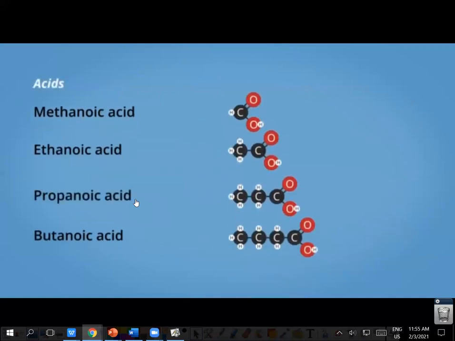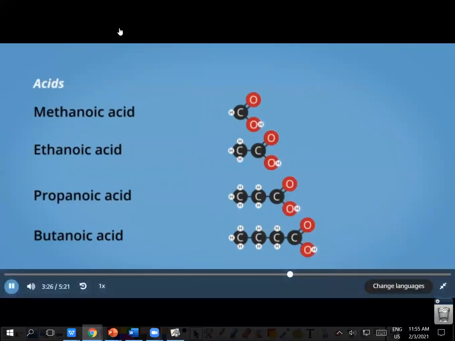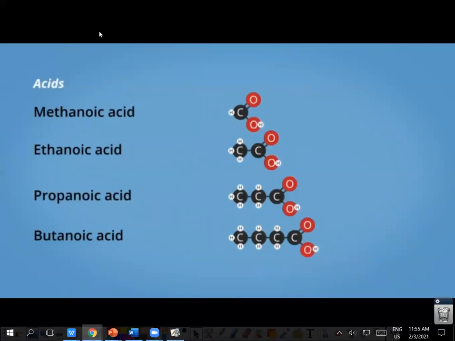Why are these molecules acidic? An acid is something that can release hydrogen ions. And in the carboxyl group, COOH, the hydrogen is only loosely attached. When the molecule loses a hydrogen, it becomes a negative ion.